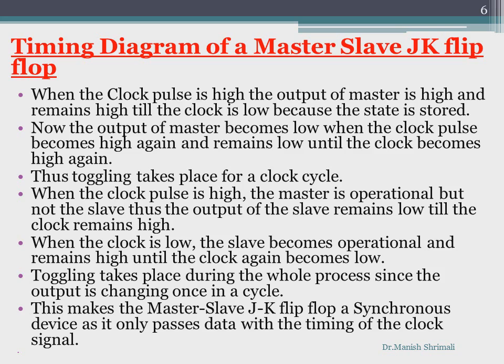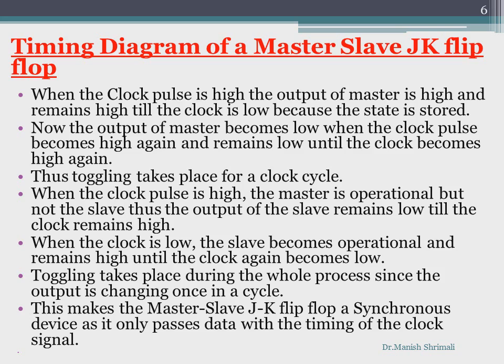Thus we can see that the toggling takes place for a clock cycle, and when the clock pulse is high, the master is operational but not the slave. Thus, the output of the slave remains low till the clock remains high. And when the clock is low, the slave becomes operational and remains high until the clock again becomes low. Toggling takes place during the whole process since the output is changing once in a cycle.